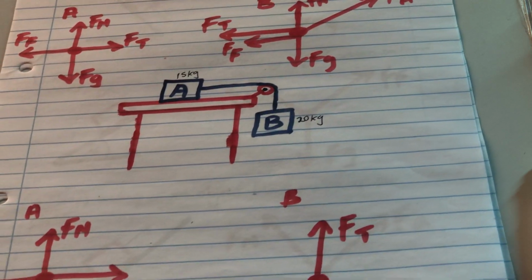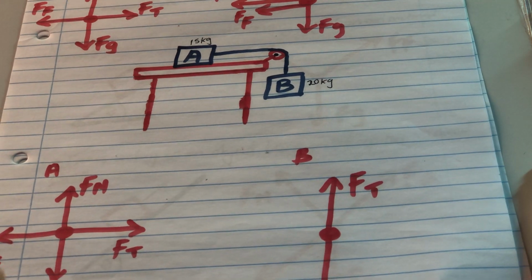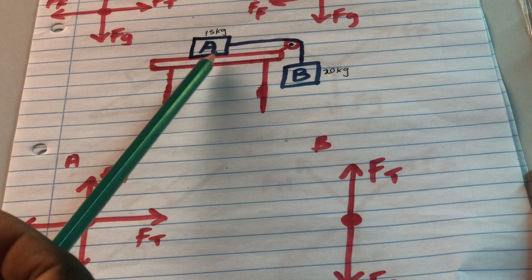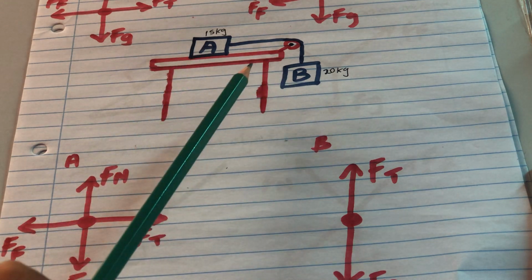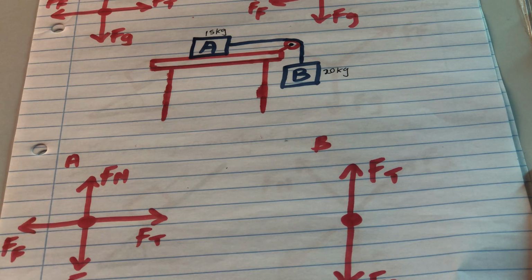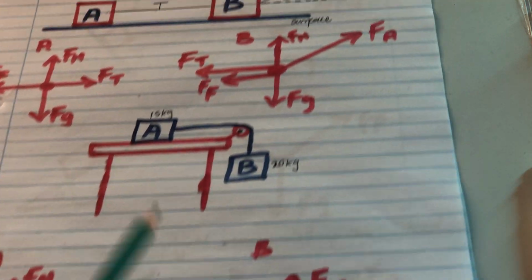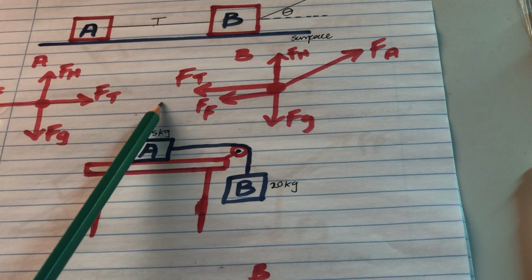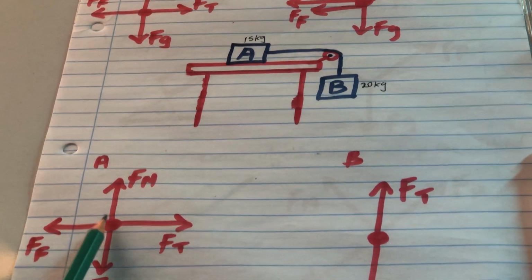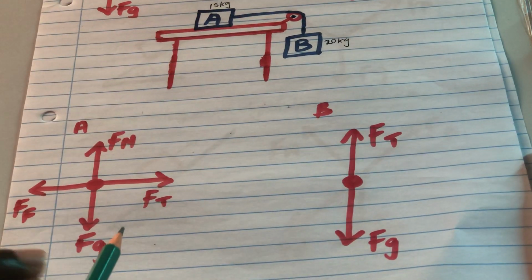What about if we have a diagram like this one? We have object A and B attached by a string. How do we show the forces that are acting on object A and B? For A, there is normal force. There is Fg. F normal, let's put it here.